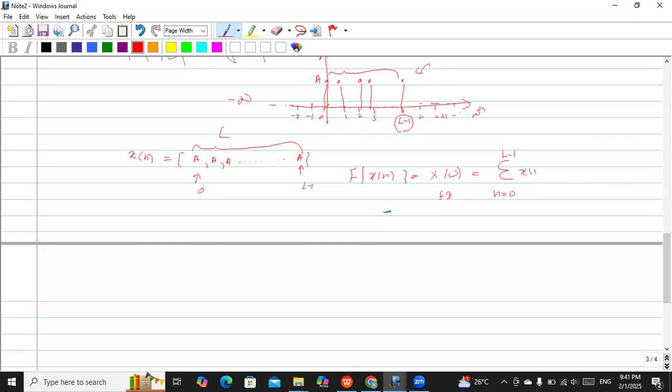And you will have xn e to the power minus j omega n. Then you can expand this.